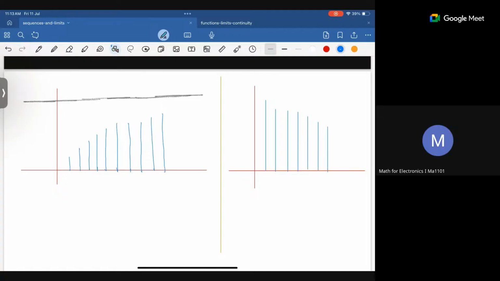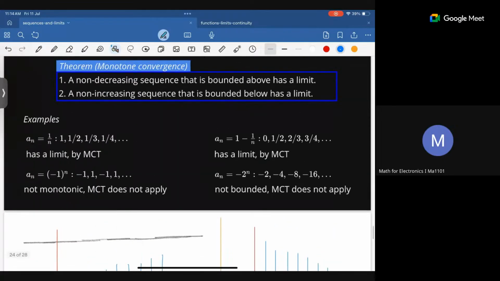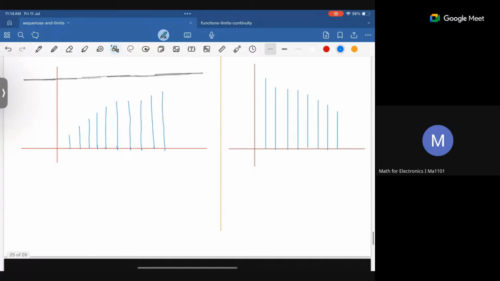Also, it is bounded below, so I will have some horizontal line such that none of these dots go below that black line.